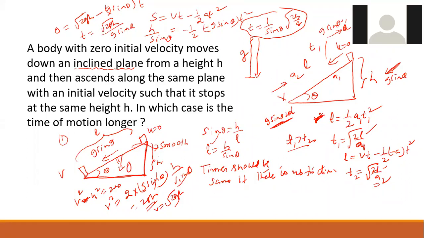So here, in the case with friction, while the body is going down, the frictional force is acting in the same direction. What do you mean? Going up or coming down? When the body is released from the top, it comes down.